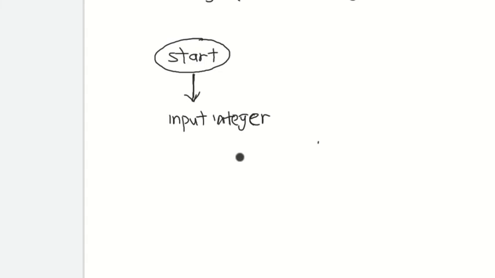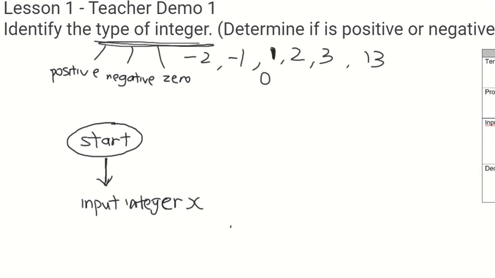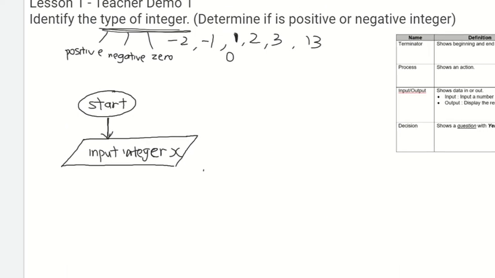You see what I'm writing? Integer x. Because I know the number that I'm looking at is an integer, I'll put integer x. Input. What's the symbol? Parallelogram. Yes, thank you, Jeremiah. Parallelogram. We face this way, right? We are constructing it.